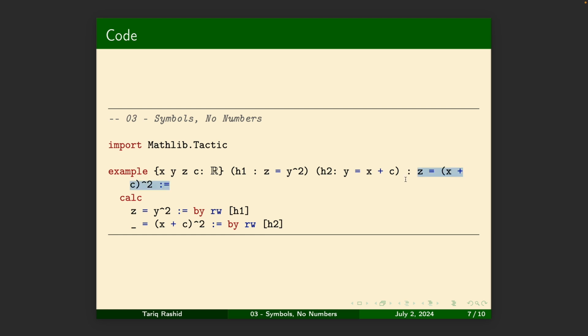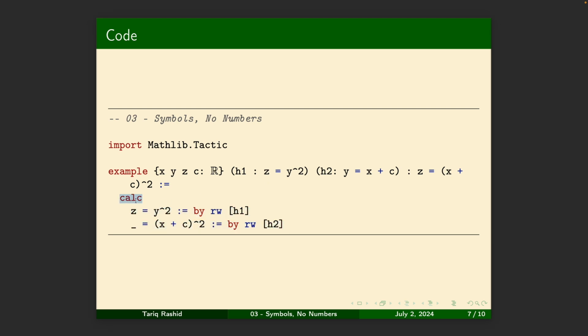And then we write the objective, the proof objective, the thing we're trying to prove, which here is z equals (x plus c) all squared. And then after that, this symbol means what follows next is a justification, a proof of what preceded it. So everything after that is the body of the proof.